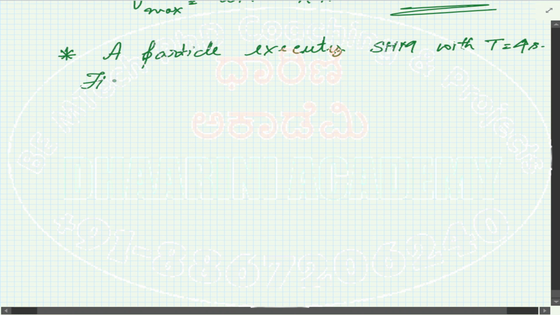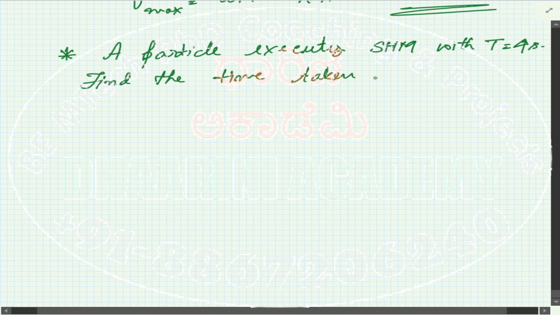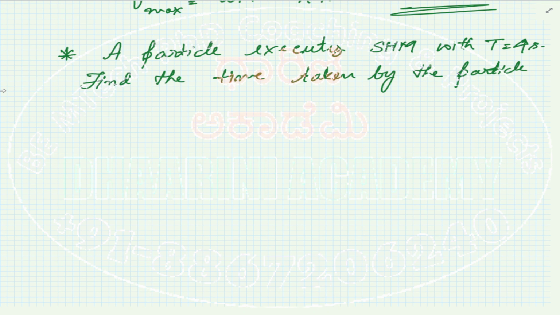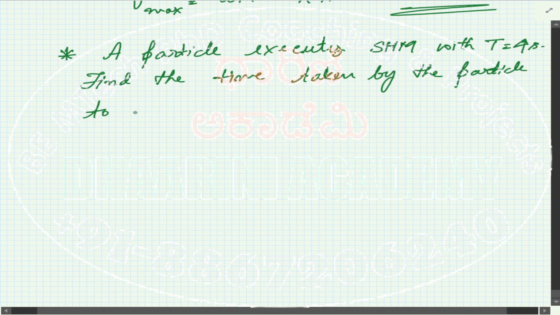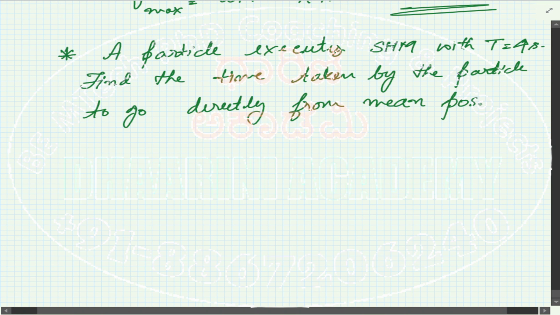Find the time taken by the particle to go directly from mean position to half of amplitude. So we need to calculate how much time it's going to take.